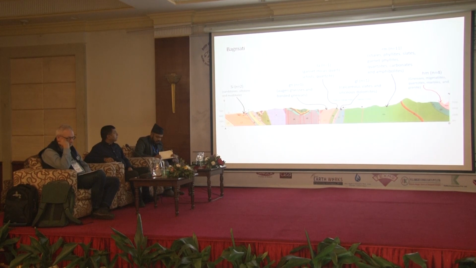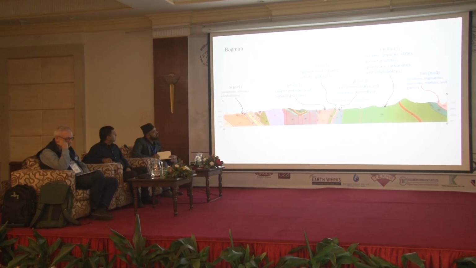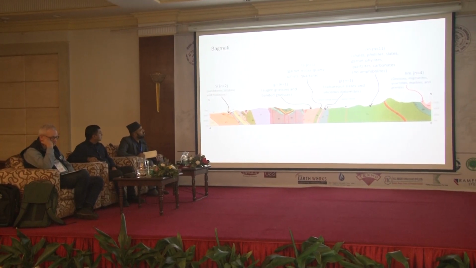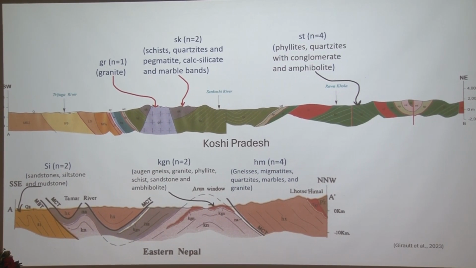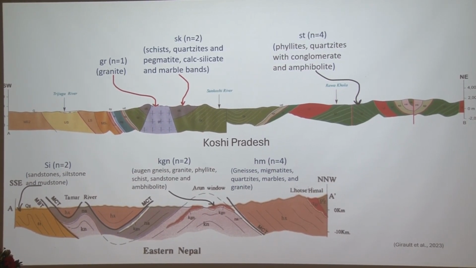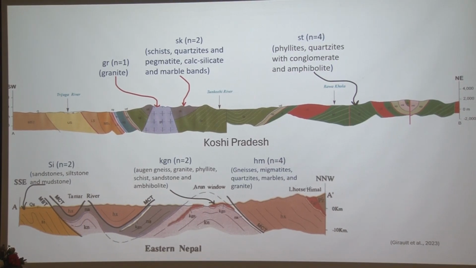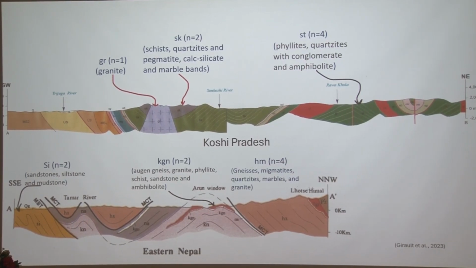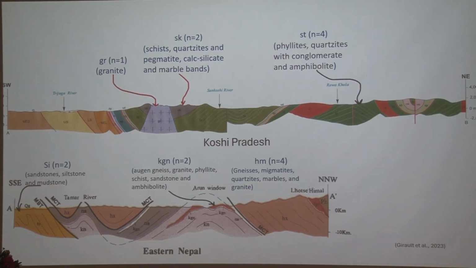If we see, this is the structural control on the distribution of hot springs. We see them here in the window area, and there are hot springs in Midland rocks, some springs above the Higher Himalayan rocks, in the window, and also from the Sub-Himalaya.